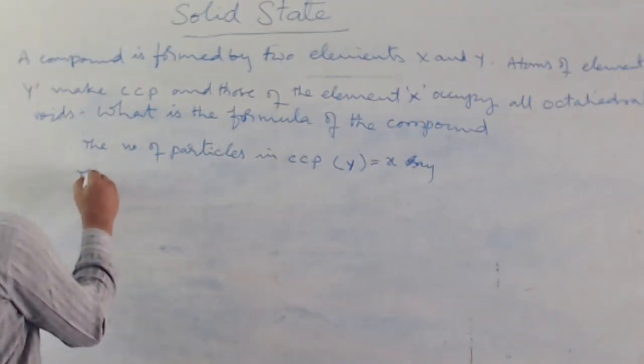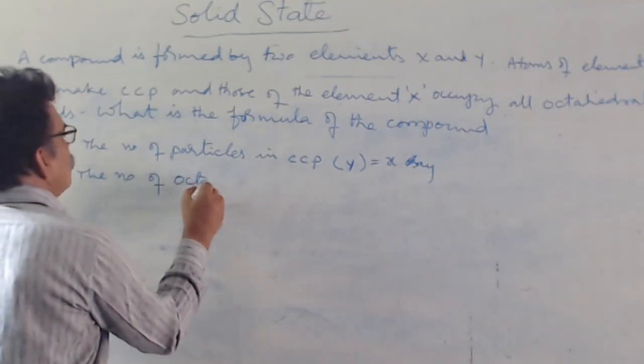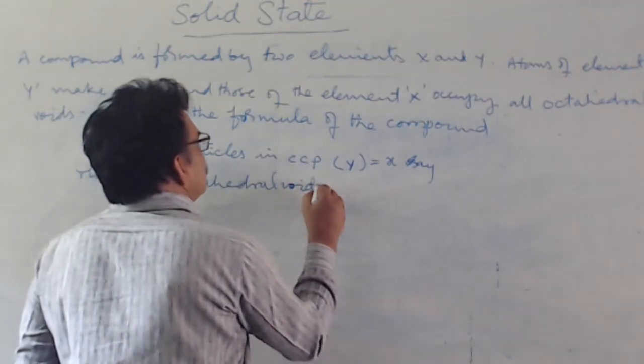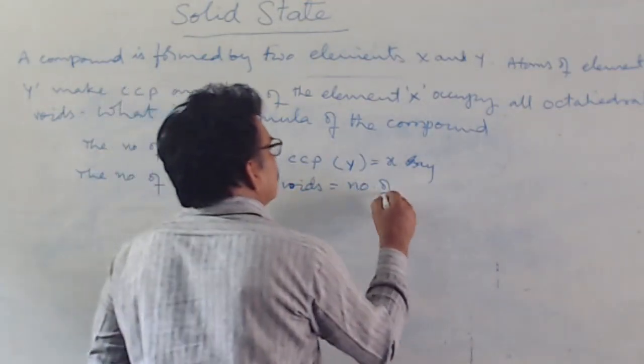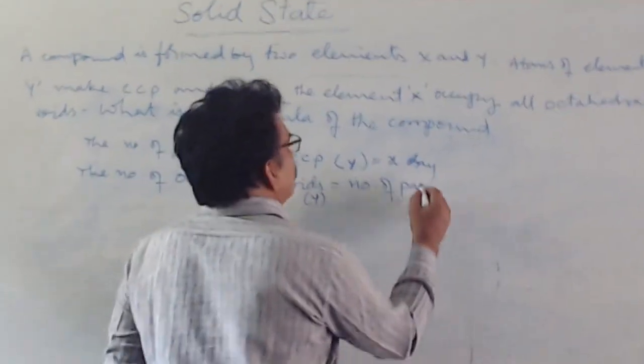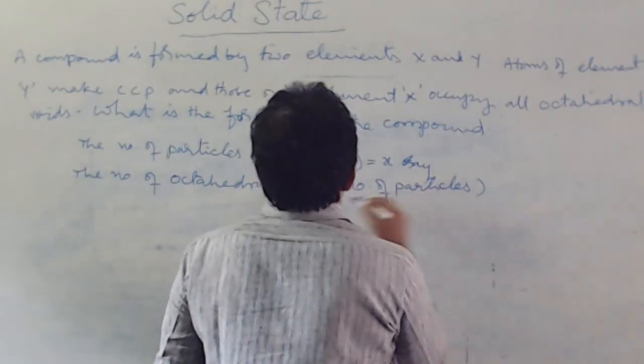Then the number of octahedral voids is equal to the number of particles, so x.